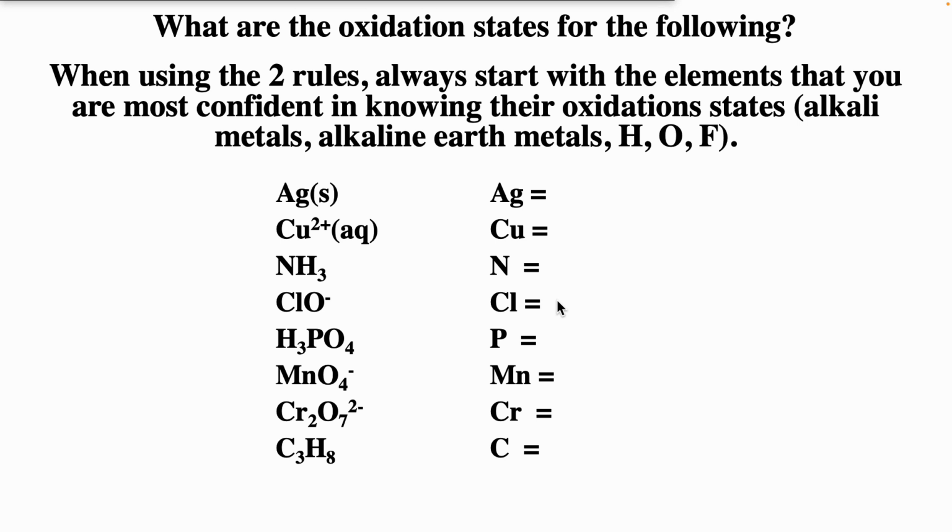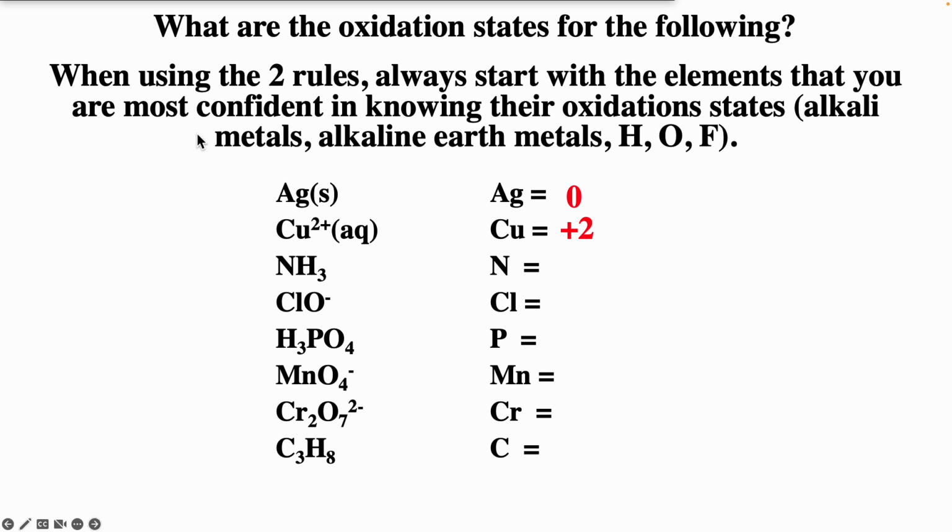And so using 2 rules, you should be able to determine the oxidation states for all these. Silver is by itself, has no charge, and so it should have a 0 oxidation state. Copper has a +2 charge, and it's by itself, so it should have a +2 oxidation state. Remember the second rule, the sum of the oxidation states equals the net charge.